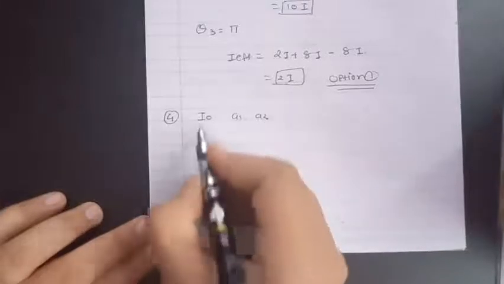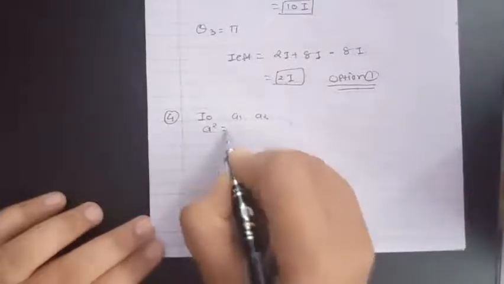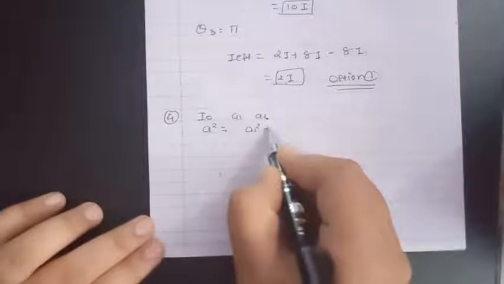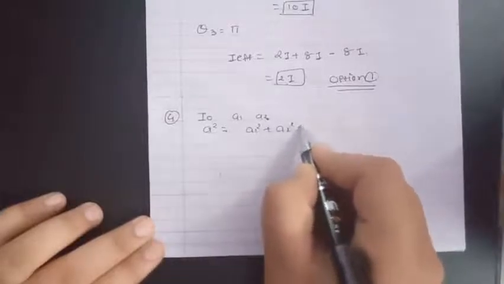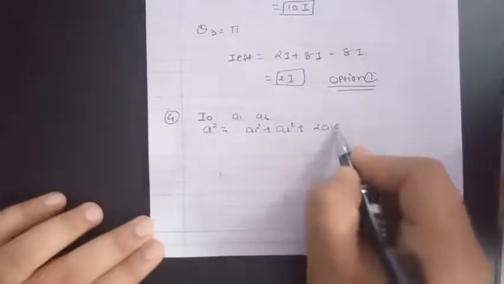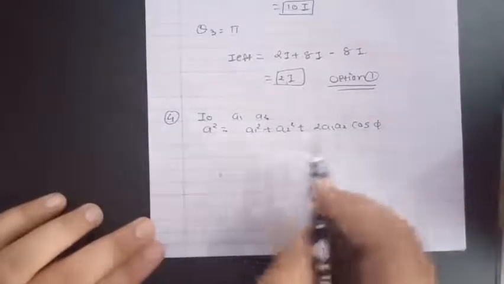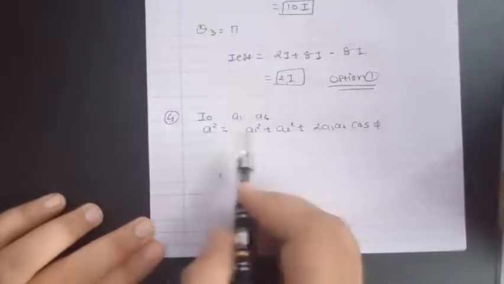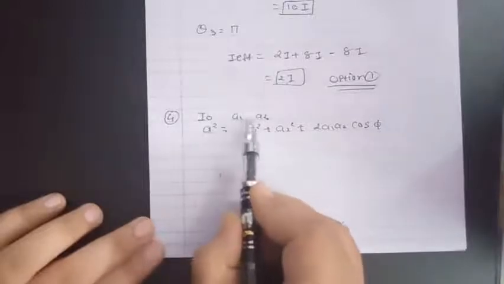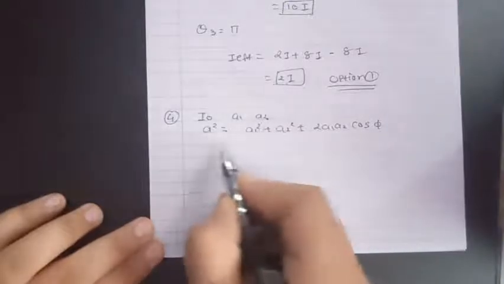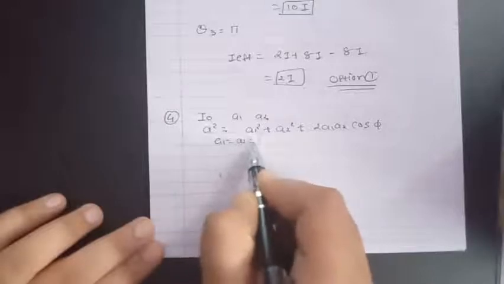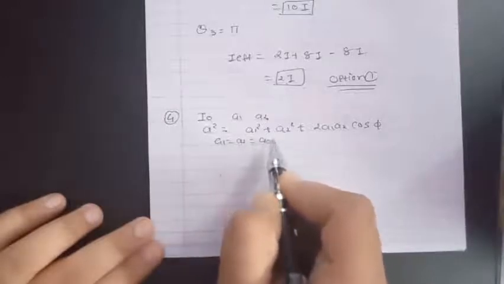So the resultant is given by A square equals A1 square plus A2 square plus 2 A1 A2 cos phi. It is given that A1 and A2 are the same, so A1 equals A2 equals, let's say, A naught.